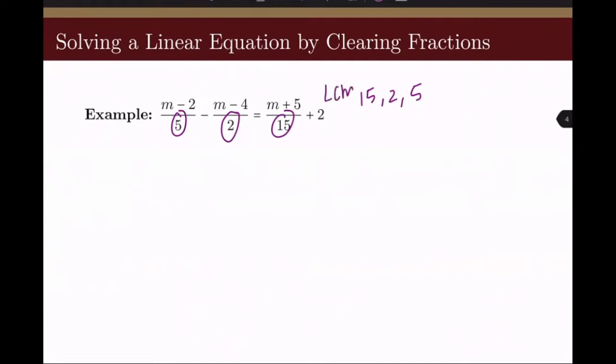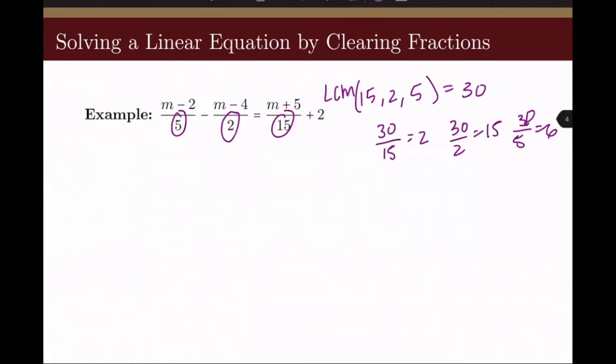That way they all clear at the same time. So the least common multiple of 15, 2, and 5 is going to be 30, because 30 divided by 15 is 2, 30 divided by 2 is 15, and 30 divided by 5 is 6, right? Oops, 3, 30. So they all divide into 30.